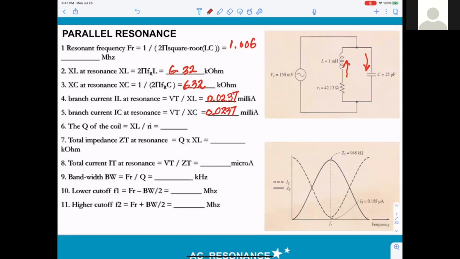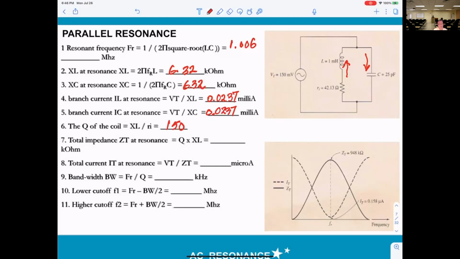Perfect, I get 150 as well. Total impedance. They already gave you the formula.